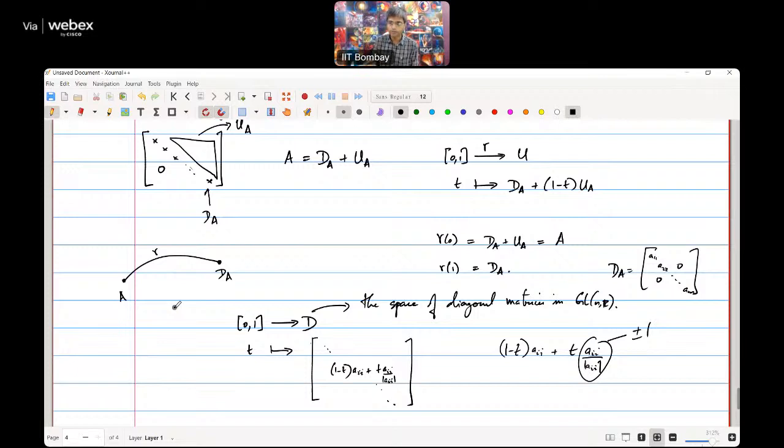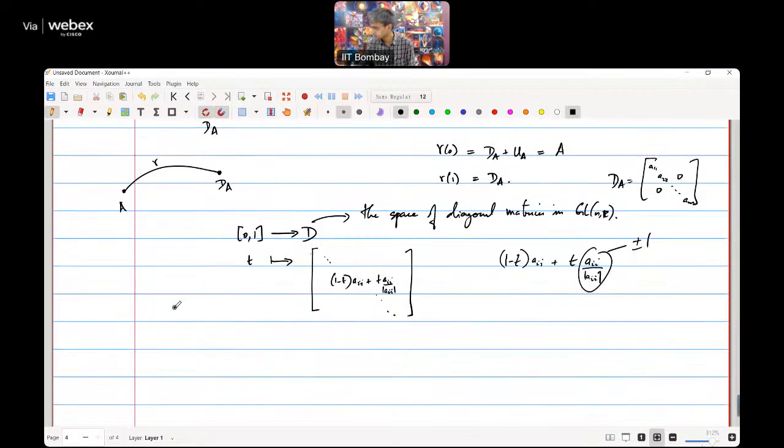If aii is positive, then this is plus 1, and if aii is negative, then this is minus 1. So suppose aii is positive. We have 1 here, and aii could be here. This path joins aii to 1.